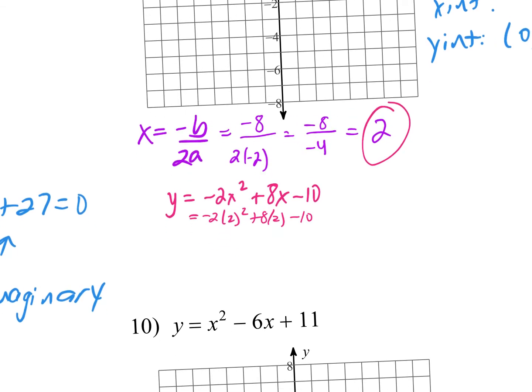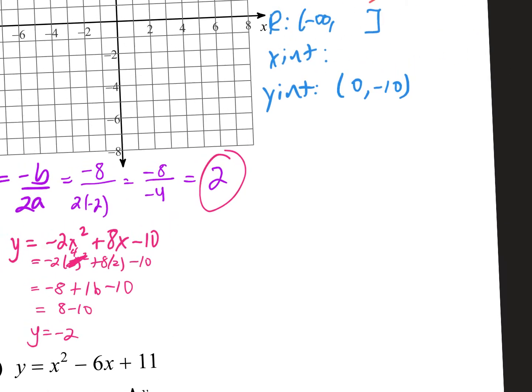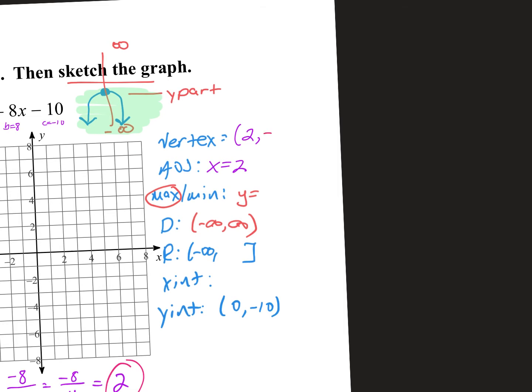What is 2 squared? 4. And 4 times negative 2 is? Negative 8. Plus 8 times 2 is 16 minus 10. What is negative 8 plus 16? 8 minus 10 gives me? Perfect. So my vertex is at 2, negative 2. My maximum value is at y equals negative 2. My range is from negative infinity to negative 2.